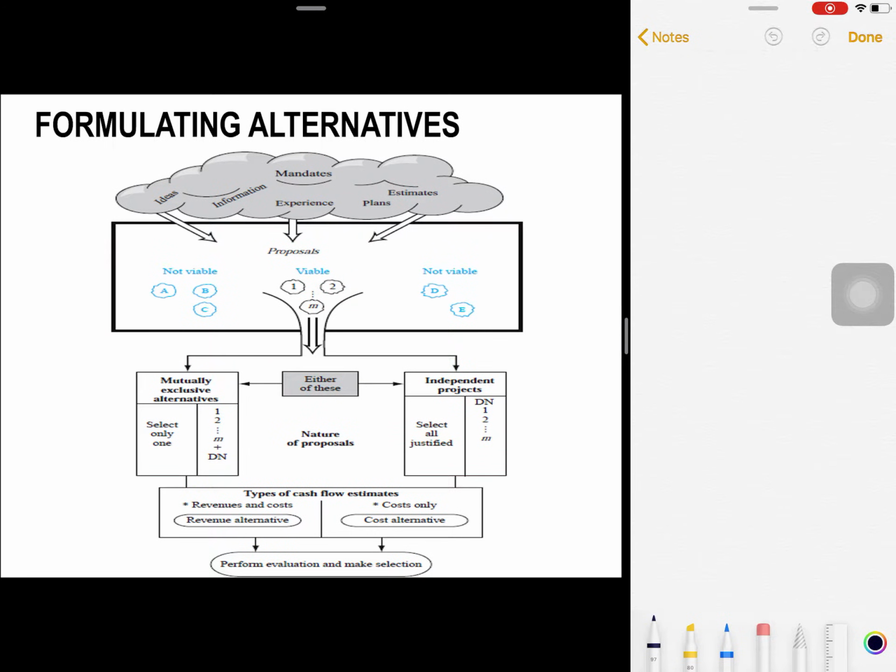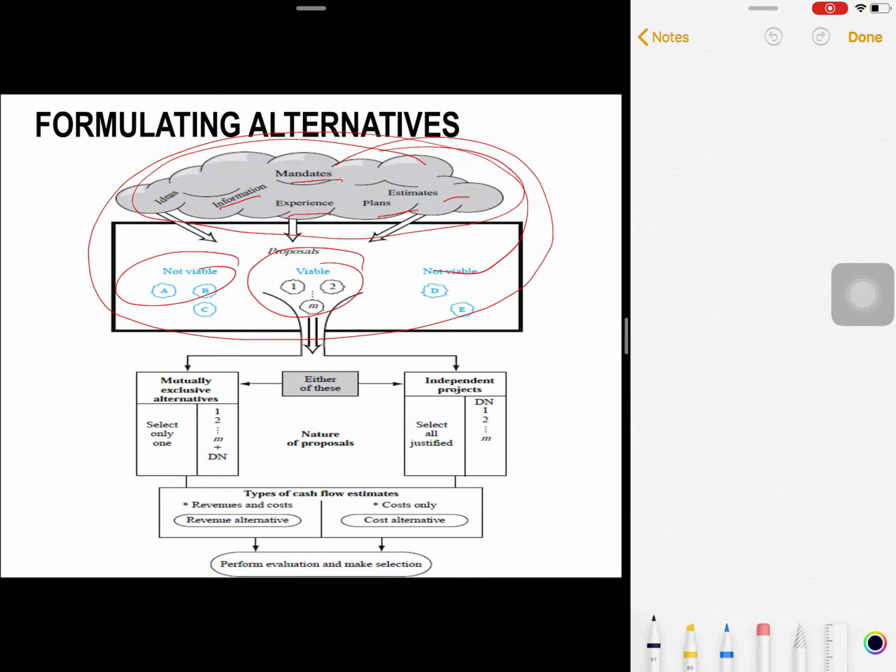Righto. So when we're formulating alternatives, we have lots of ideas, information, mandates, experience, plans, and estimates. And amongst others, some things are viable, some things are not viable. So how do we compare between the ideas that we have in giving solution for engineering economy? Which one is more economical?